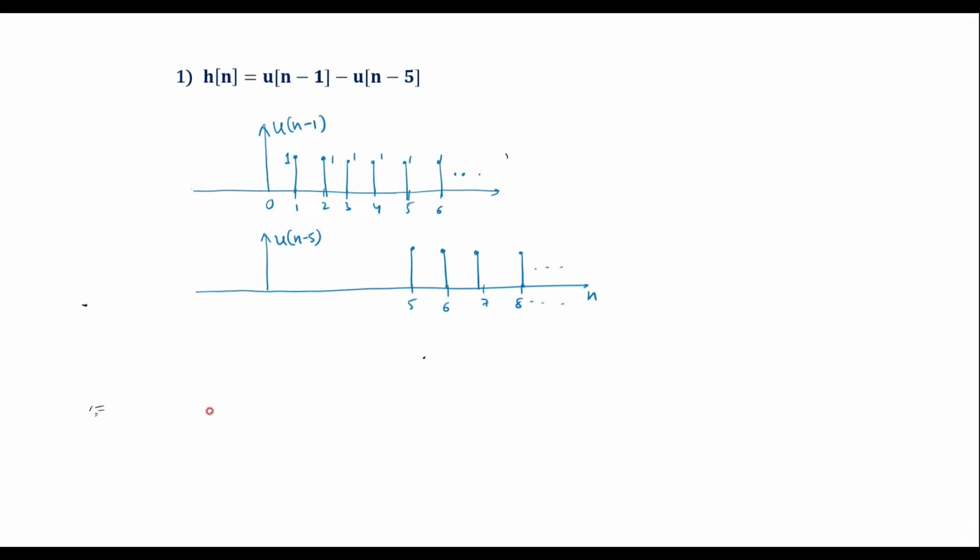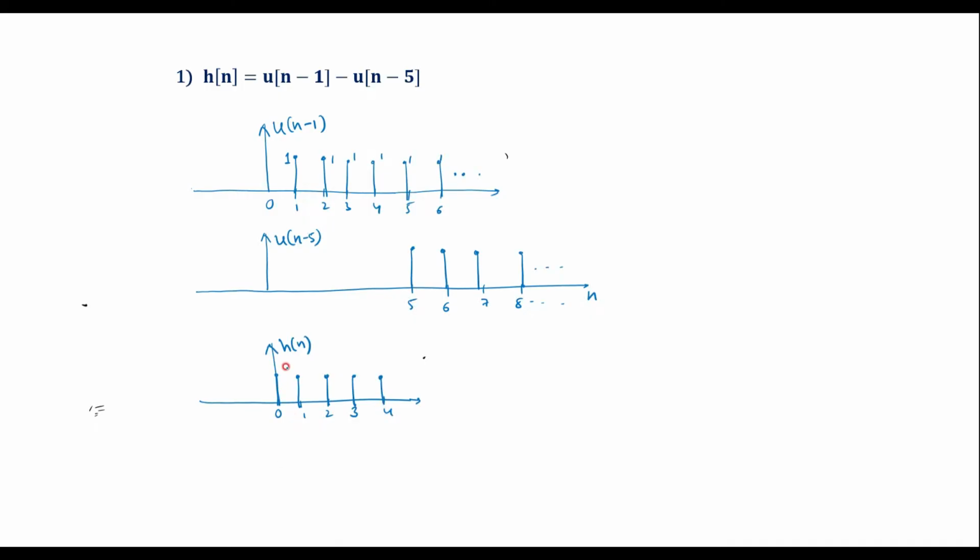So h of n consists of only 5 samples, 0, 1, 2, 3 and 4. It is 1, 1, 1, 1, 1. So this is the h of n signal.